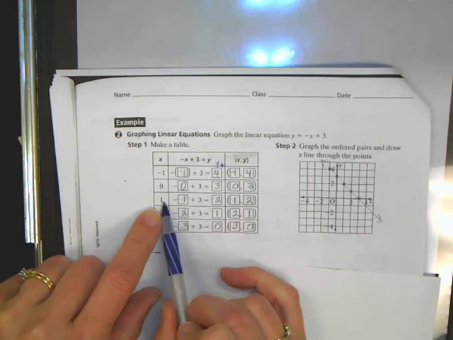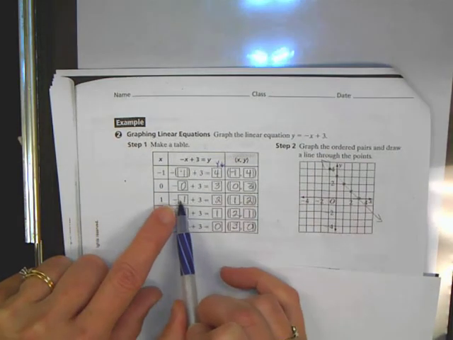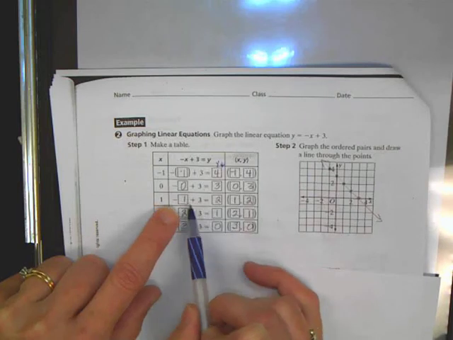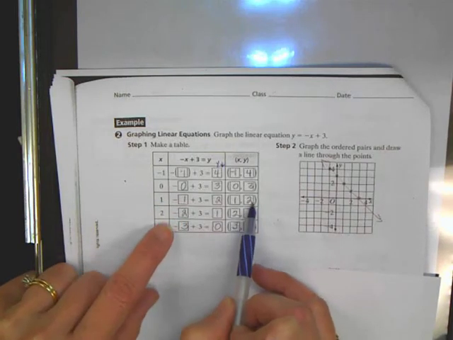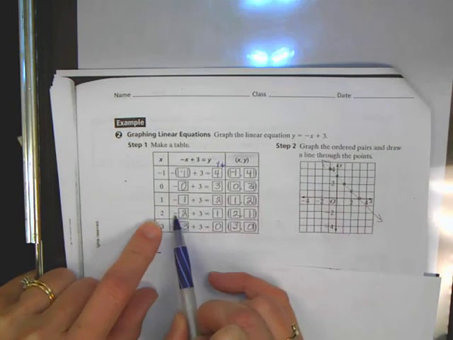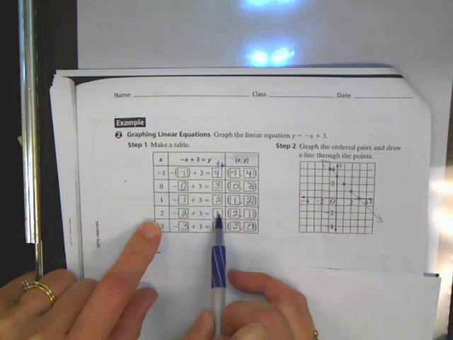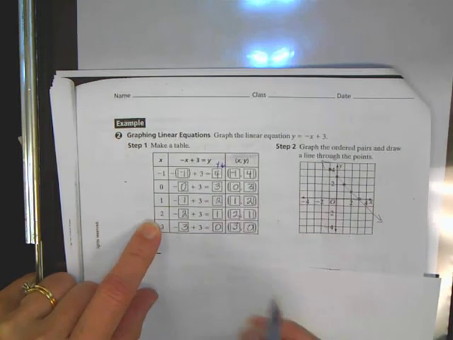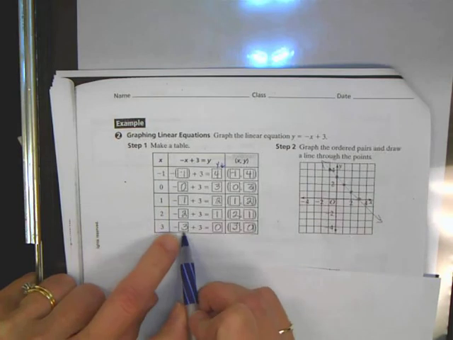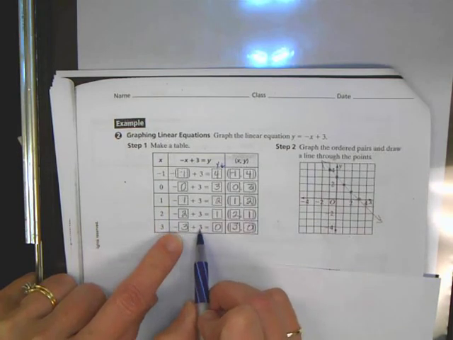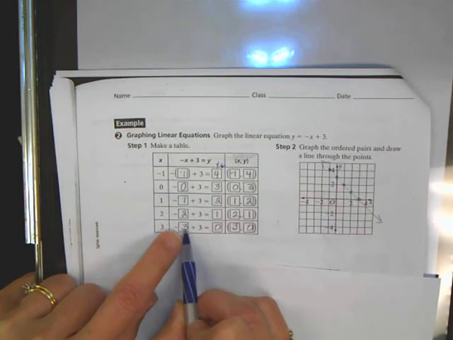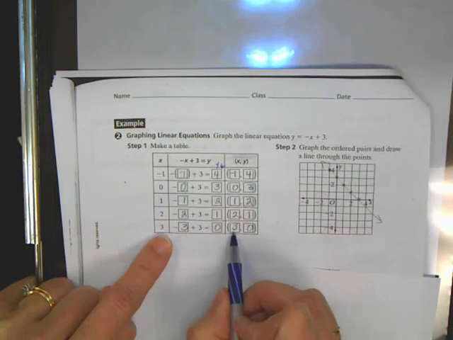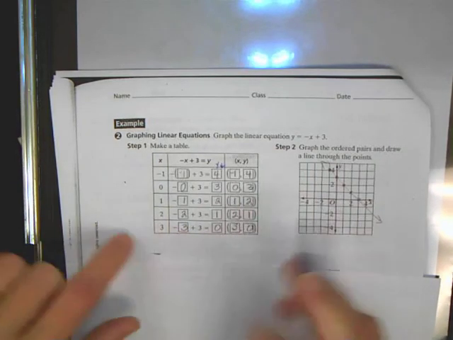When x is 1, the opposite of 1, which is negative 1, plus 3 is 2. So the ordered pair is 1, 2. When x is 2, the opposite of 2 plus 3 is 1. So my ordered pair is 2, 1. And finally, the opposite of 3 plus 3 is 0. So my ordered pair is 3, 0.